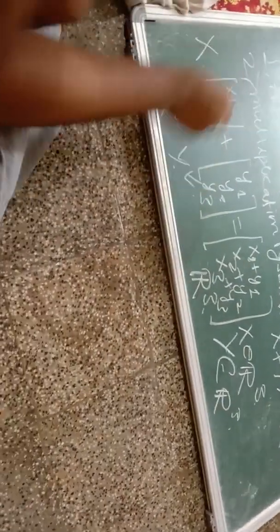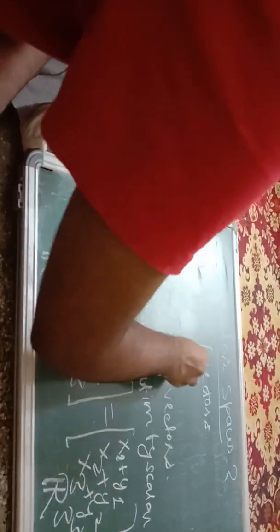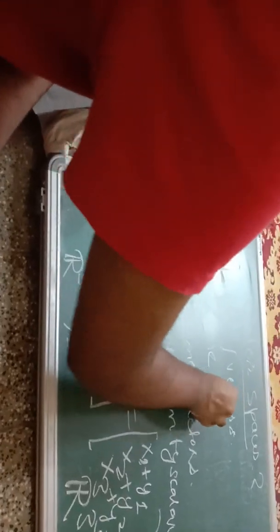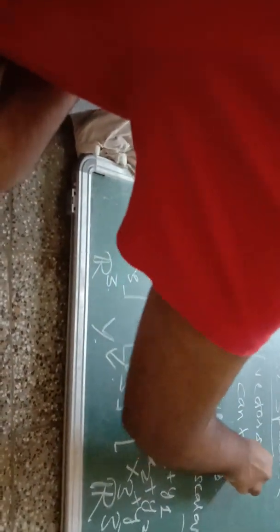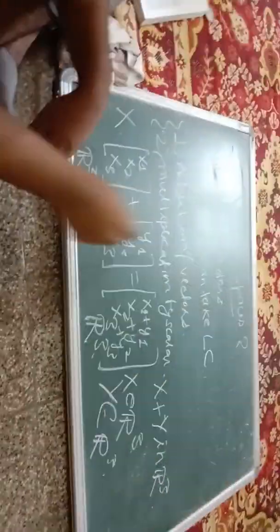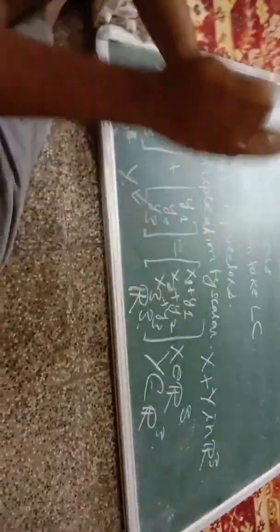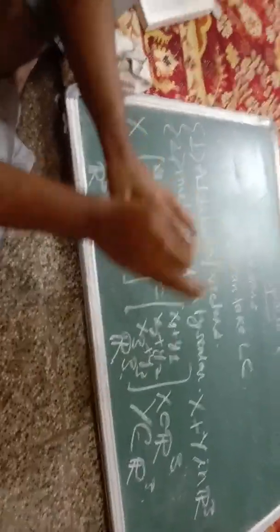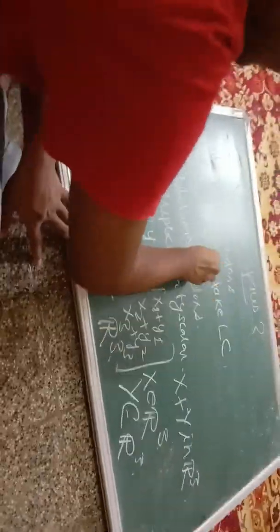That is addition of vectors and multiplication by scalars. Now, how do we say both things at once? We can say that we can take linear combinations, LC for short, and we will lie in the same space.